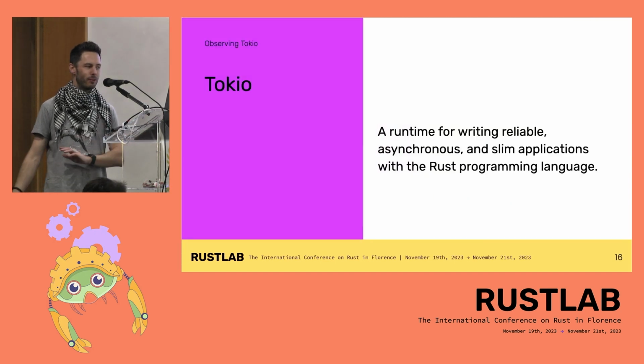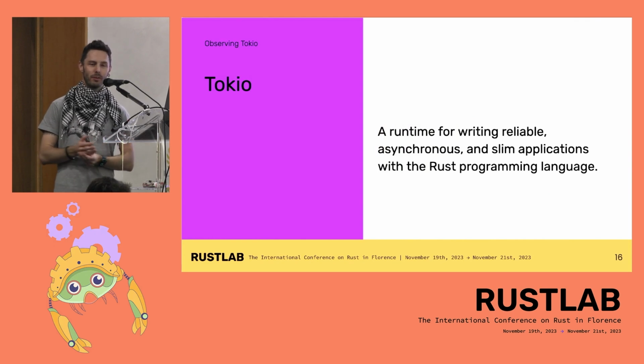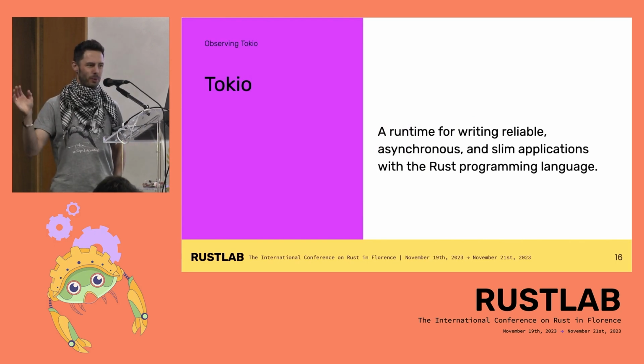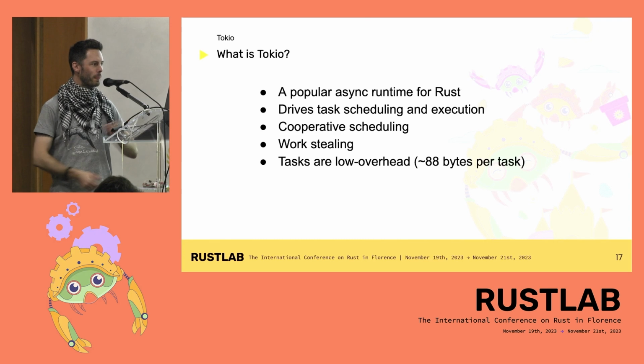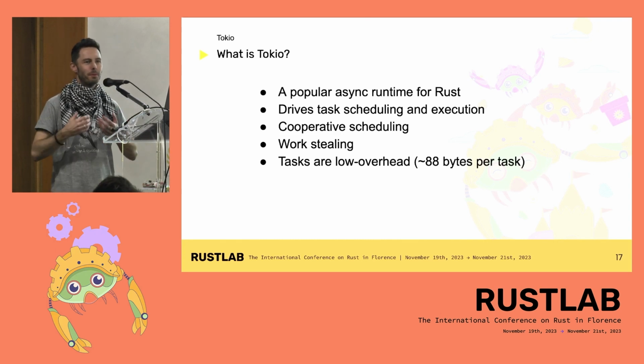So, a bit of an introduction to Tokio now. Tokio is a runtime for writing reliable, asynchronous, and slim applications with the Rust programming language. This probably applies to a lot of other async runtimes for Rust as well, although latest tests probably show that slim is the place where, maybe embedded aside, Tokio really shines. So Tokio is a popular async runtime, probably the most popular async runtime for Rust, but I'm also biased.